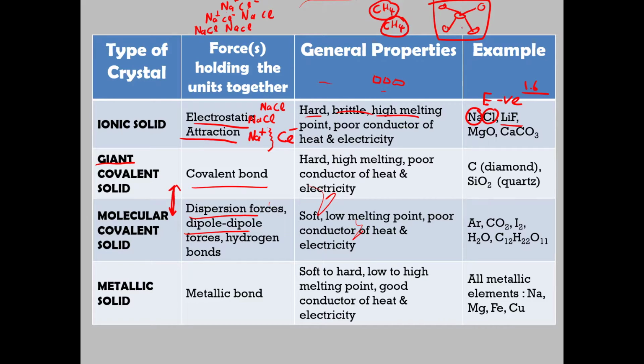All of these are connected with covalent bond. For example is carbon. Kalau you letak in a small space a lot of carbon and then you put a lot of pressure, you will get diamond, where the carbon start to bond with another carbon, start to bond with another carbon, which is carbon dia boleh buat bentuk tetrahedral.